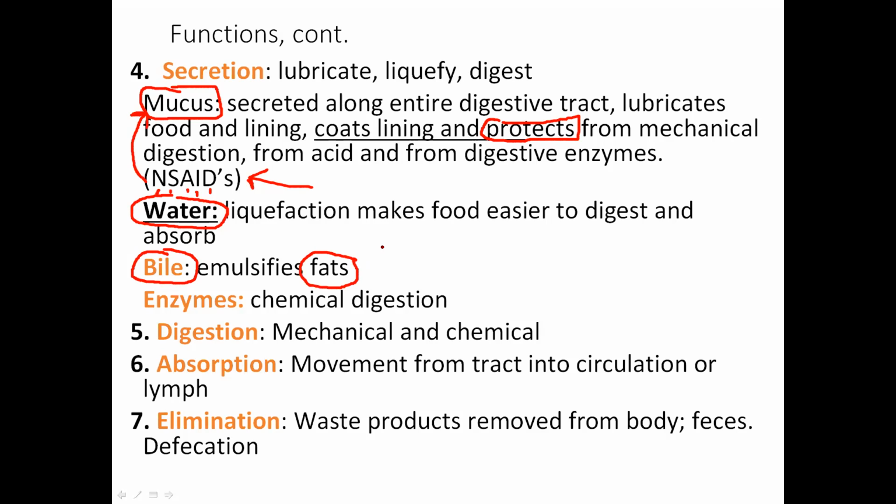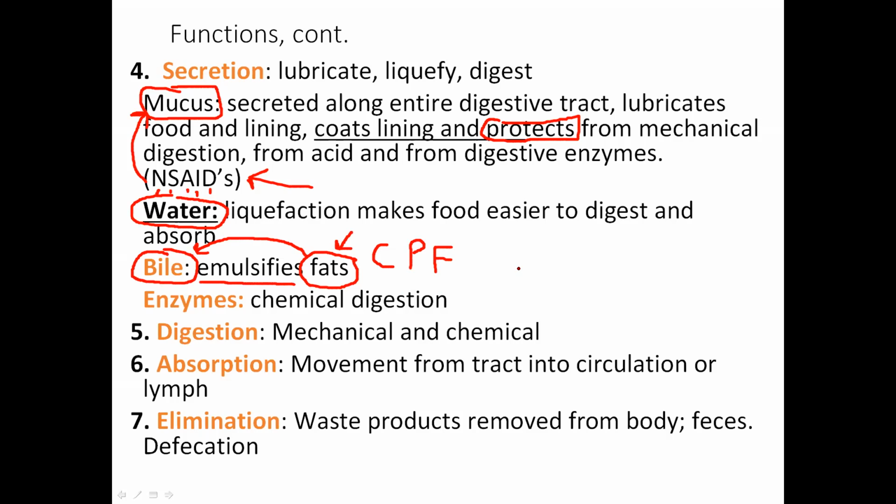Keep in mind, a typical diet has carbohydrates, proteins, and fats. The consumption of fats is going to stimulate the gallbladder to release bile. The presence of bile allows you to emulsify the fat.